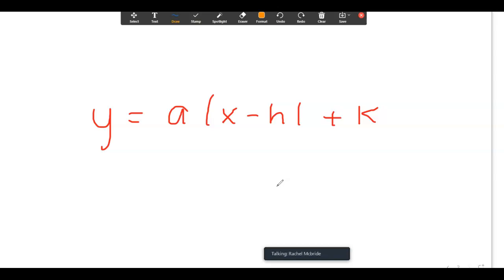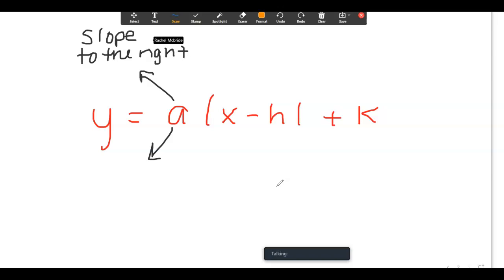But basically what we're going to do is talk about what each of these values do. So A has two important parts to it. A represents your slope to the right. It also tells me the direction the graph is going to open. So a positive A and a negative A have different meanings.